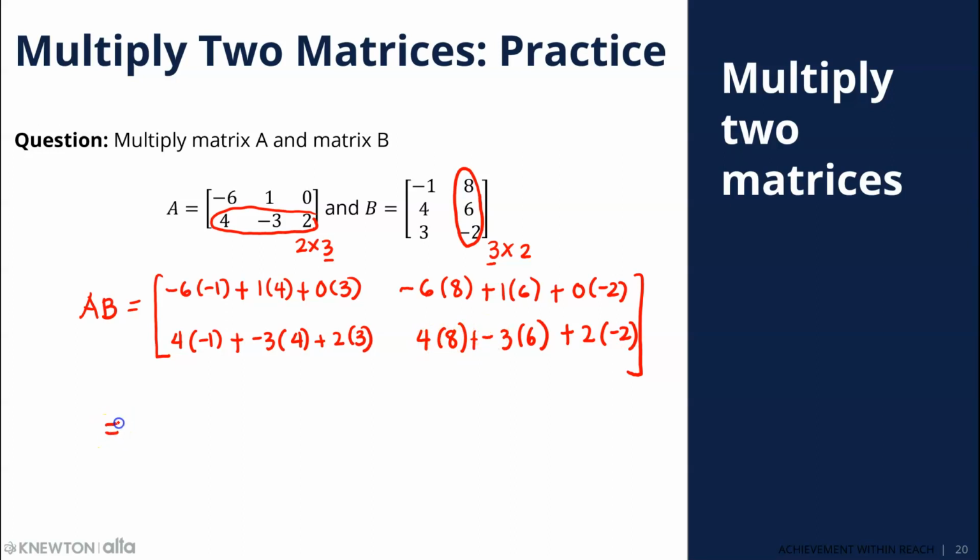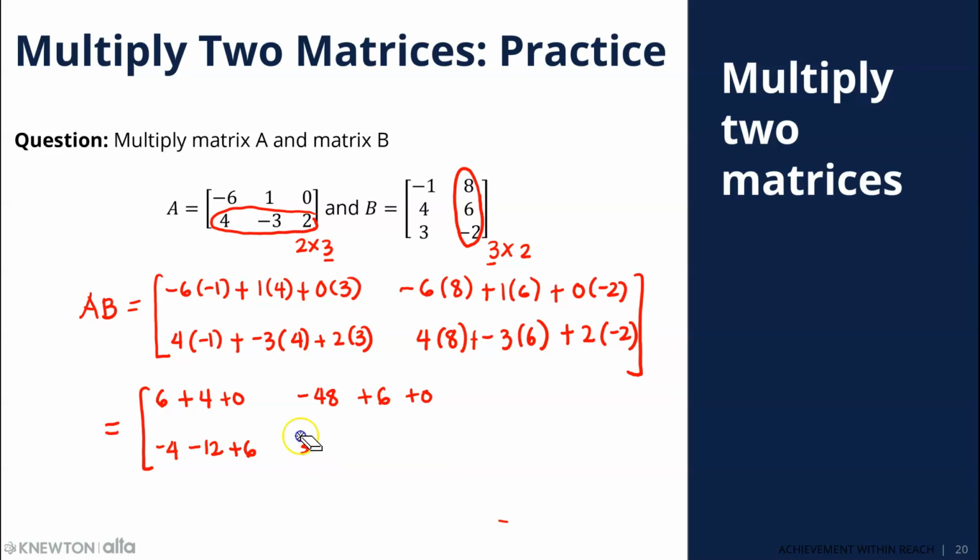Then you simplify. Negative 6 times negative 1 is positive 6 plus 4 plus 0. And you have negative 4 minus 12 plus 6. Negative 48 plus 6 plus 0.